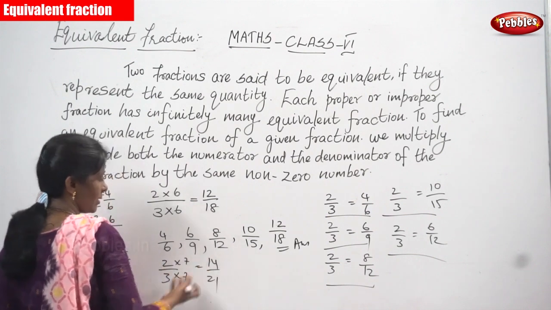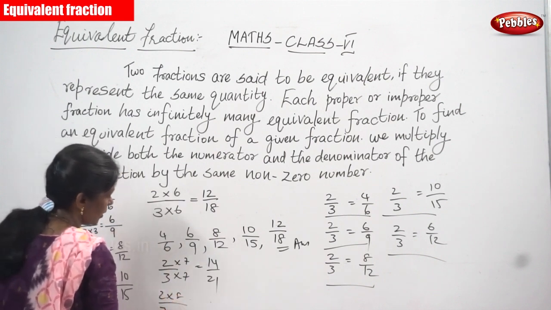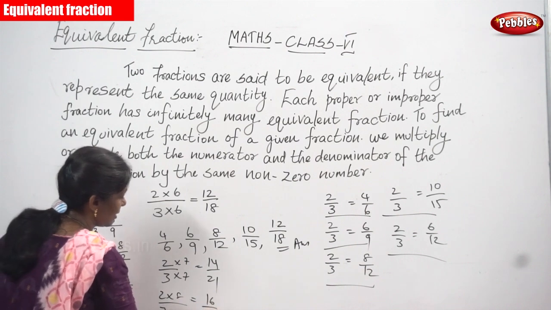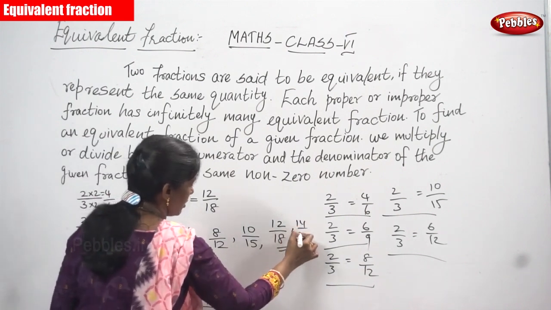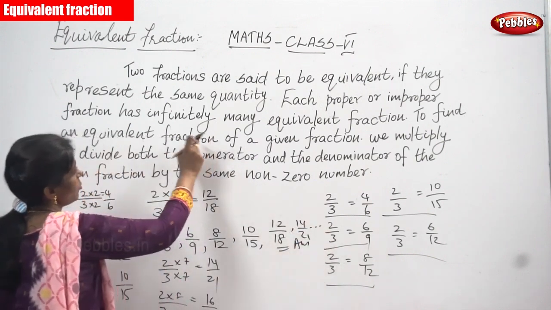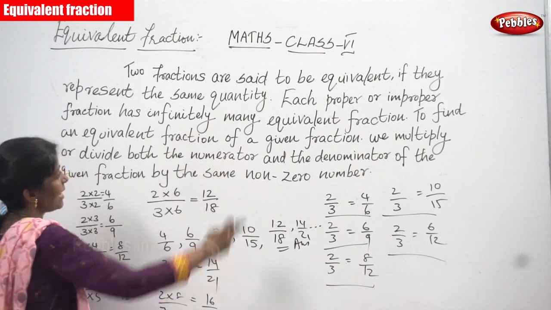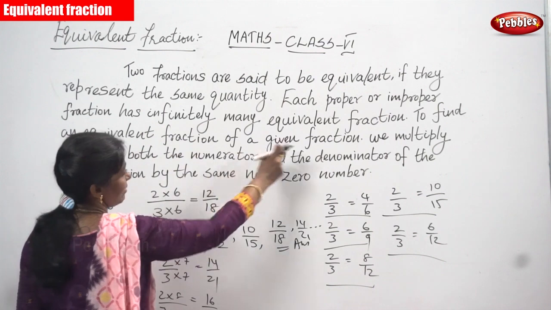Next, by 8, 2 into 8 and 3 into 8, that means 16 by 24. So let's keep on going. This is going on, so that is why they said infinitely many equivalent fractions.